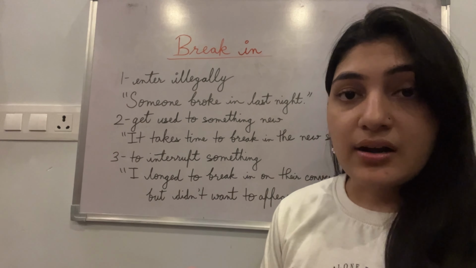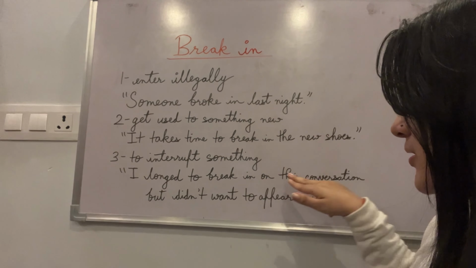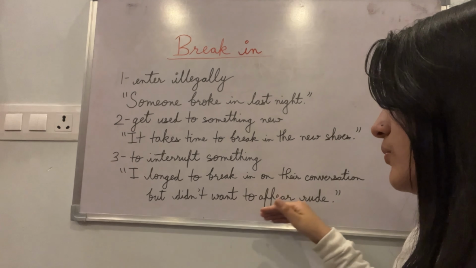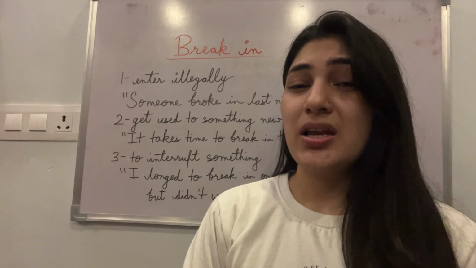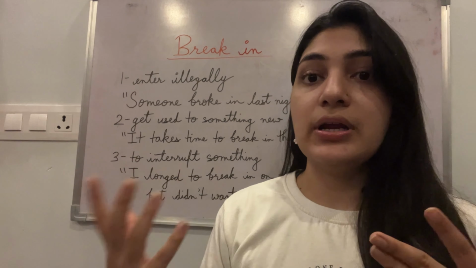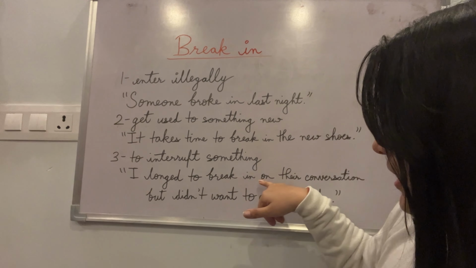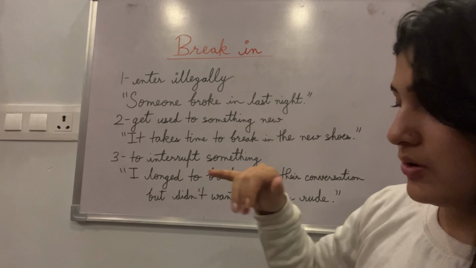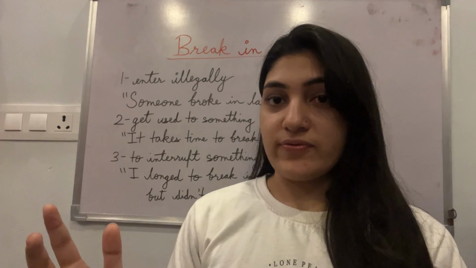I wanted to interrupt their conversation. I longed to break in on their conversation but didn't want to appear rude. That is, I wanted to interrupt their conversation but I didn't because I didn't want to appear rude. Also notice that after break in, whatever you are interrupting, you will use on. Okay, break in on their conversation.